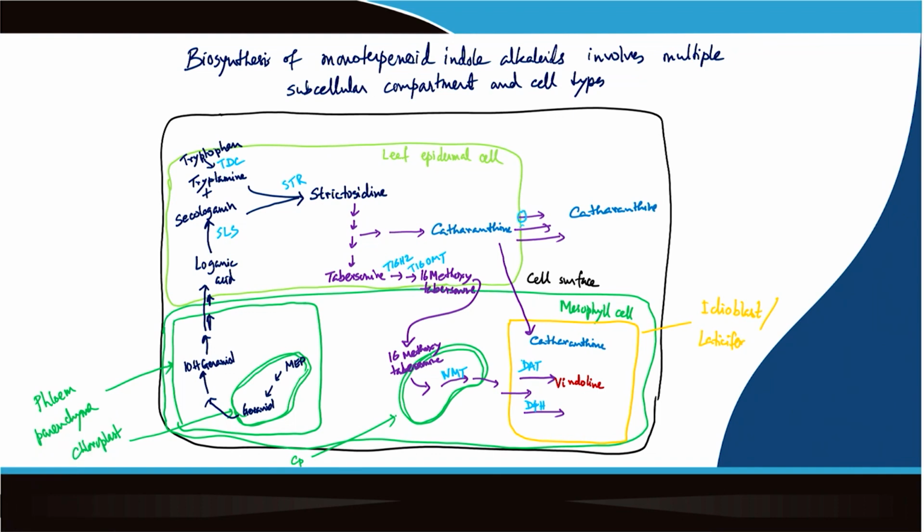These are the transporter molecules here. This is CrTPT2, the transporter. So, catharanthine accumulates on the leaf surface, and along with this, on the leaf surface you will find a lot of wax.